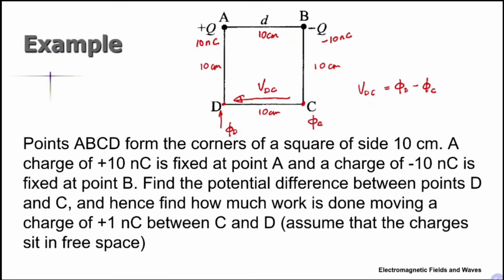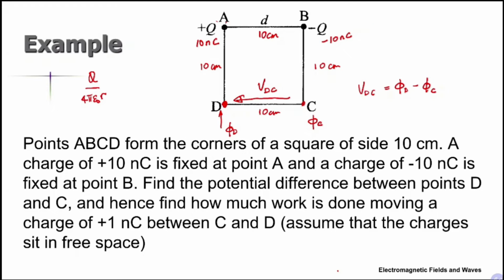Okay, to find the potential at D, you can use the equation Q over 4 pi epsilon naught R, where R is the distance from the source. Okay, so there are two sources here. So at point D, we have one due to A, which is plus Q, and one due to B, minus Q. And then it will be the sum of the two.